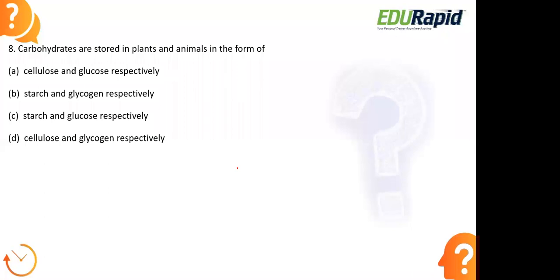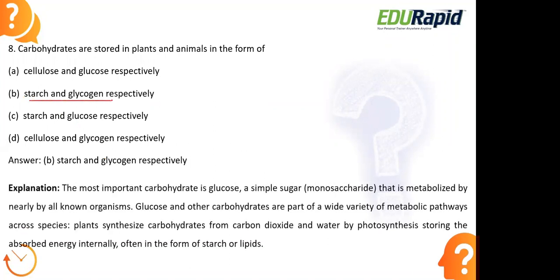Okay, let us look at the right answer here. The right answer is option B, starch and glycogen respectively. In plants, the carbohydrates usually consist of complex sugar molecules, that is complex glucose, right?